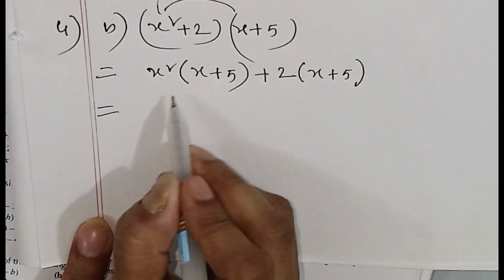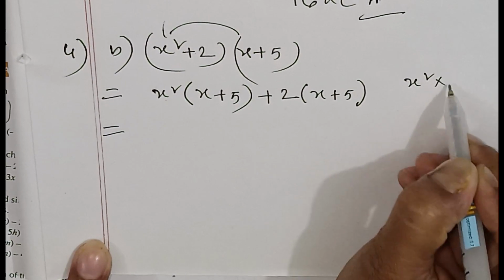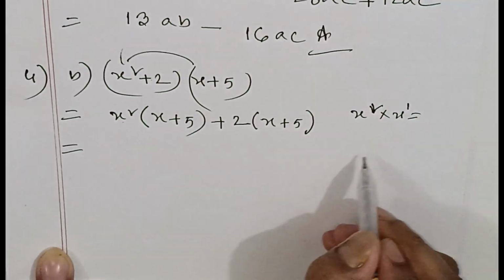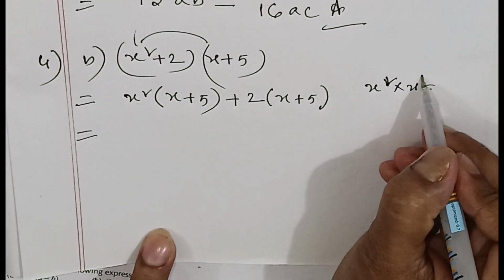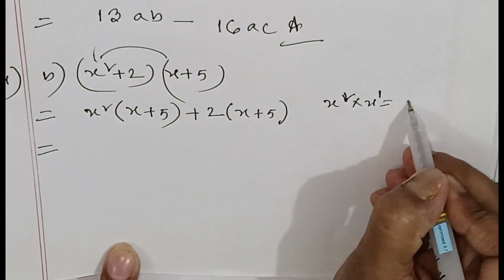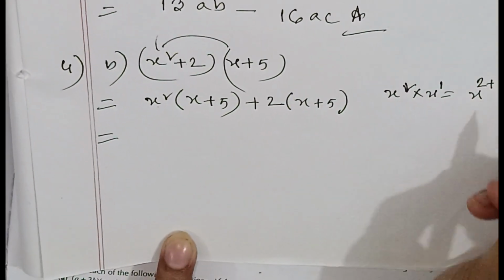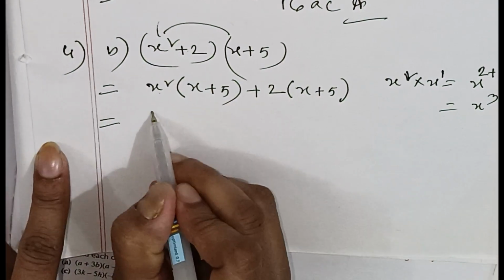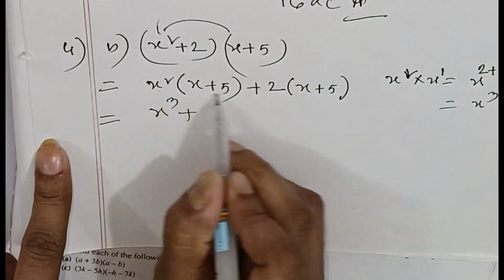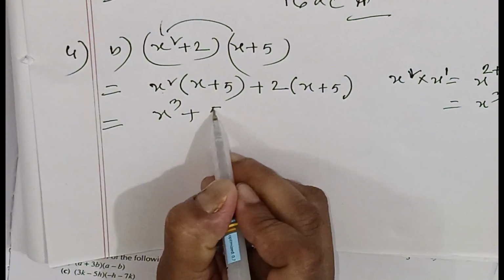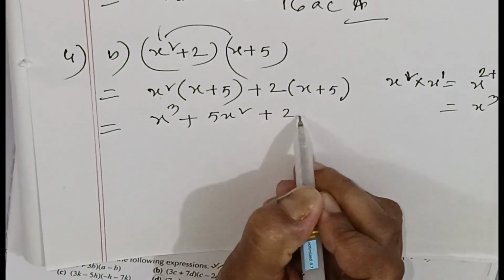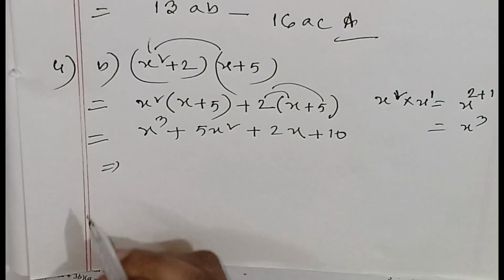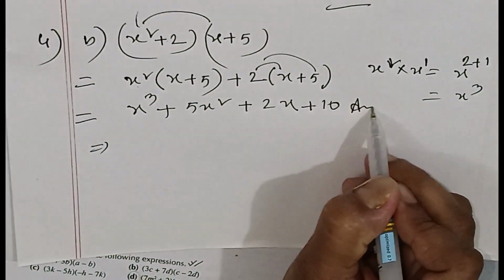Now x square into x, the power of x is 2 and the power of x is 1. In the multiply process, in this rule, the powers are added. So 2 plus 1, that means 3, so this one is cube. x square and 5 multiply, 5x square, and plus 2x and 5, 2 fives are 10. So that's it. This is the answer.